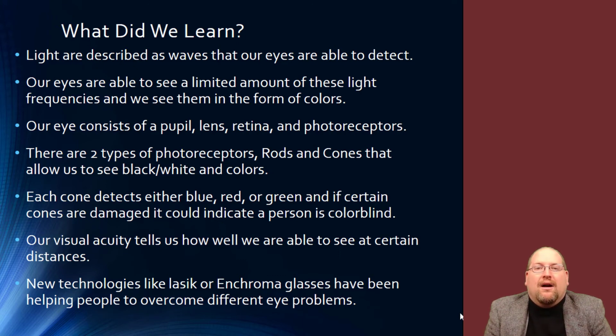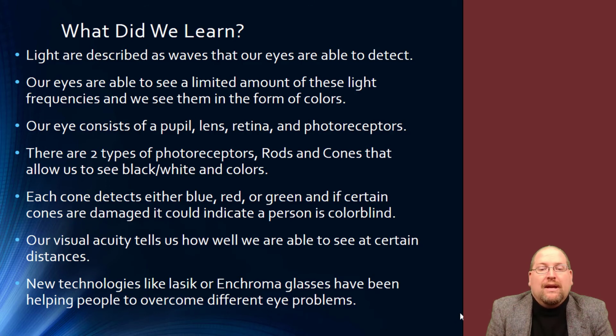Each cone in our eyes can see either a red, a blue, or a green color, but not a combination. Remember, each cone can only see one of those colors. And if any of those particular cones are damaged, whether it's a blue cone or a red cone, then it might indicate a person has some sort of color blind issue that needs to be checked.